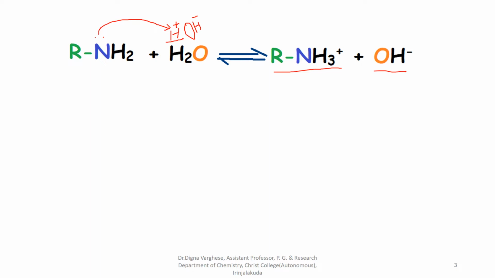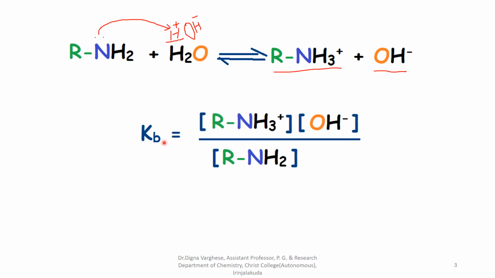The basicity constant, Kb, for the amine is given here as Kb equals the concentration of RNH3 plus times the concentration of OH minus divided by the concentration of amine. Similar Kb expressions can be written for secondary and tertiary amines.